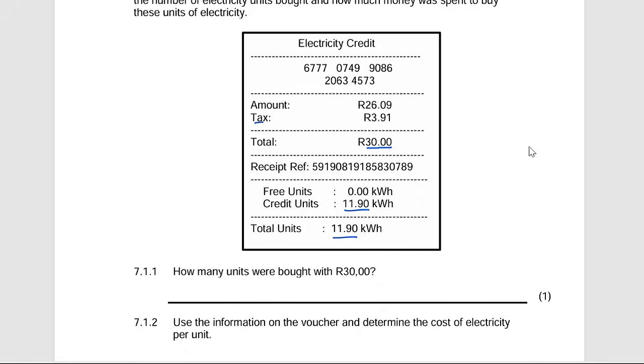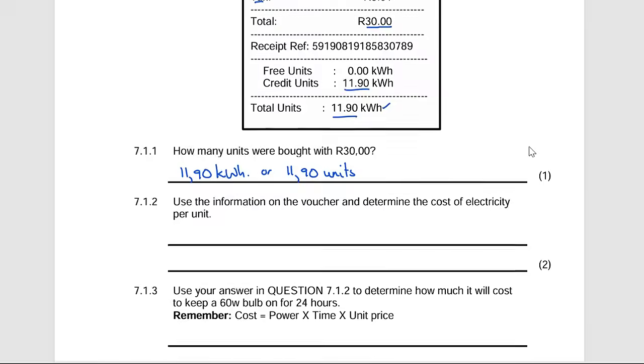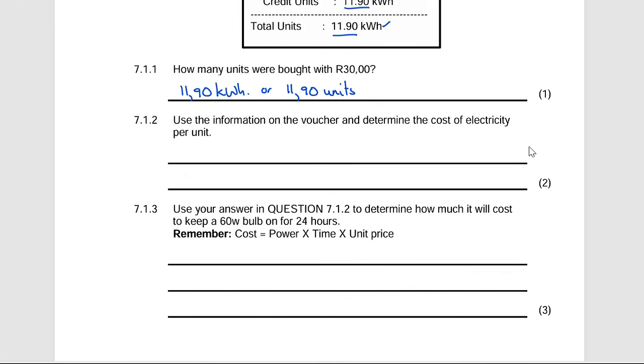For us to look at this, the total units is the answer that is given there. So I'm going to say 11,90 kilowatt hour, or if I wanted to put it in units, I could have said just 11,90 units. These two are the same. They are considered as being correct.